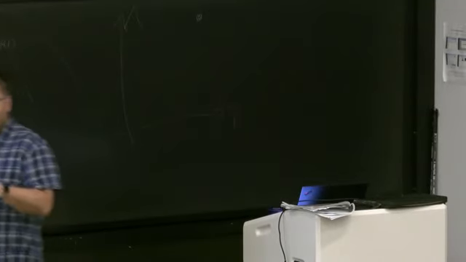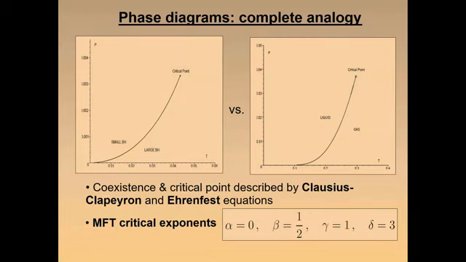Interestingly, if you've taken a statistical physics course, you know there's something very important, which is critical exponents for second order phase transitions. Basically, how physical quantities behave close to the critical point: how the specific heat behaves, how it diverges, and so on, in the vicinity of the critical point.